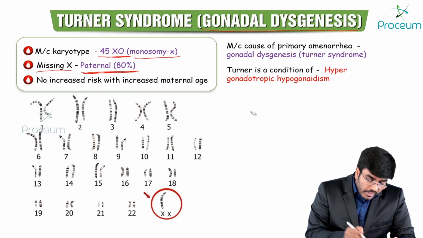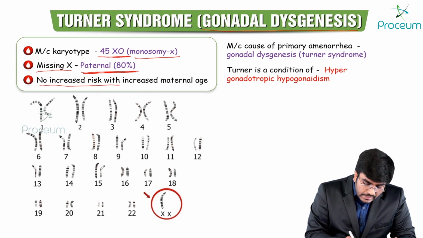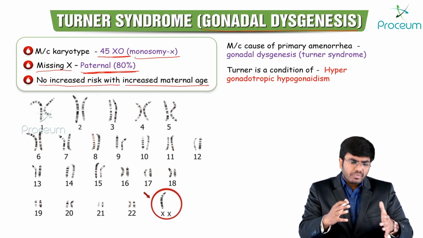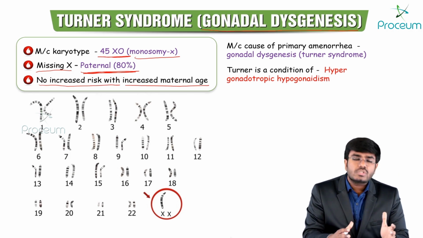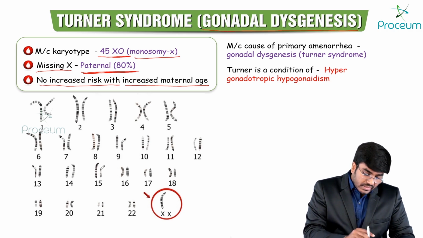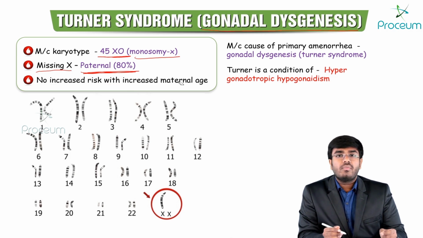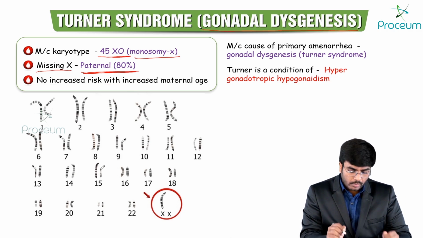And the important point is that there is no increased risk of Turner syndrome with increased maternal age. We used to say with increased maternal age there is risk of Down syndrome and other trisomies. But here, with increase in maternal age, there is no risk of Turner syndrome. Okay, important point.